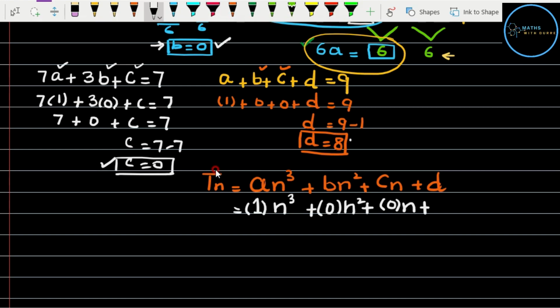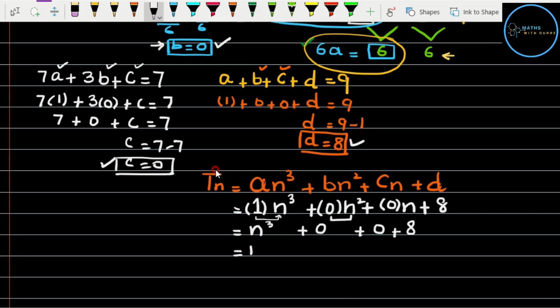And d, what is d? D is 8. I will write 8. Anything you are multiplying with 1, you will get the same answer back. So it will be n cube plus, anything you are multiplying with 0, you will get nothing back. So 0 plus 0, 8, I will write as it is.